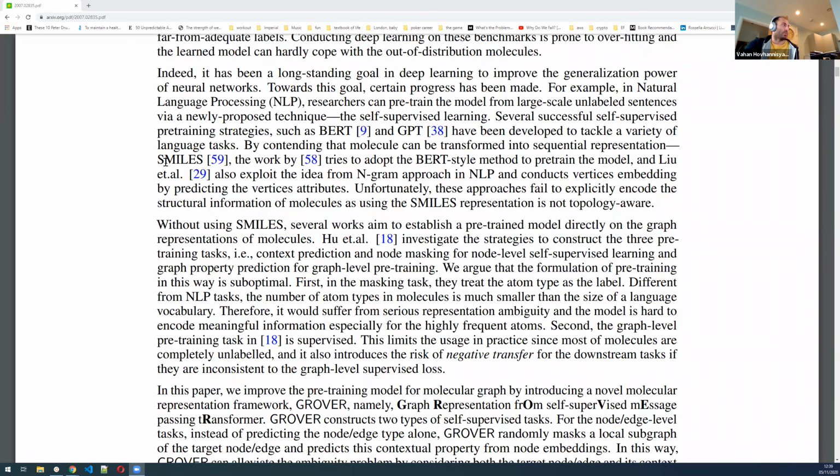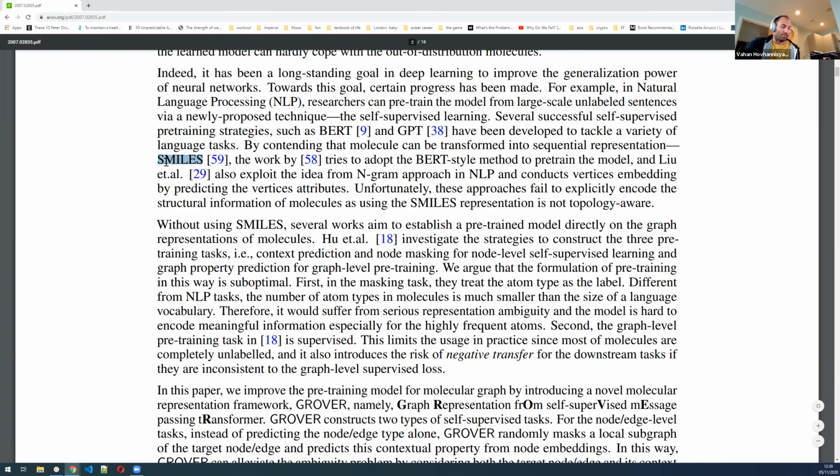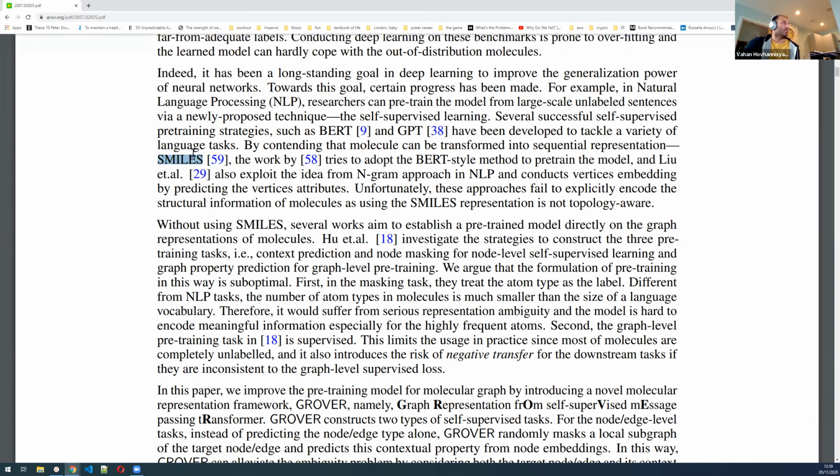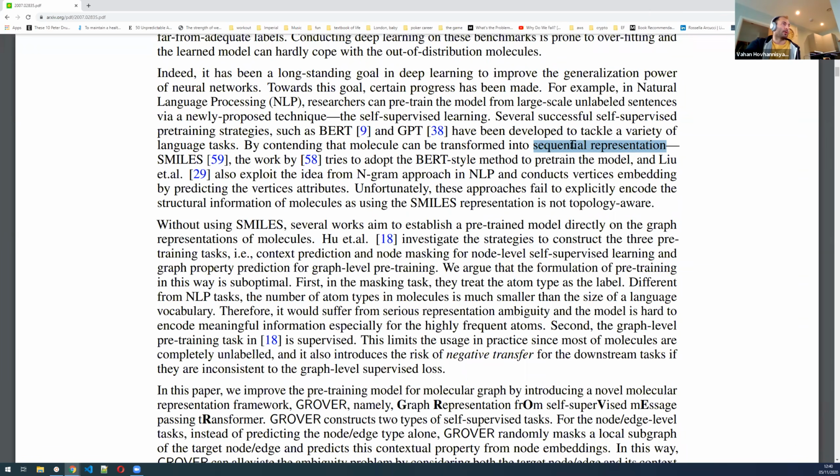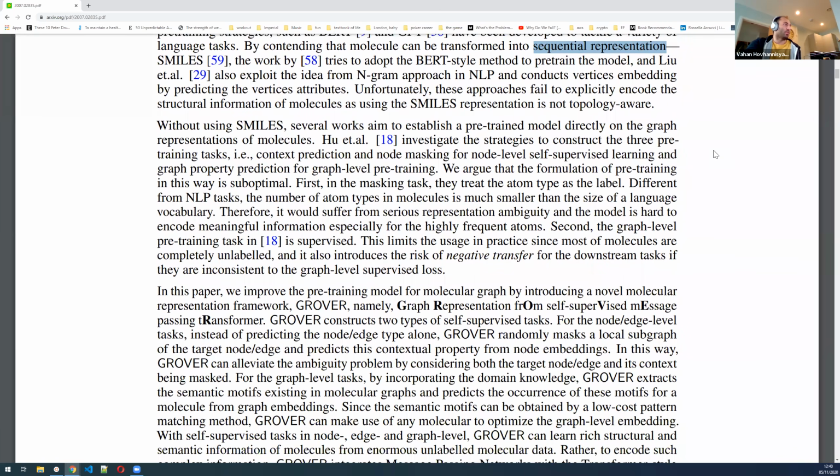They also mention another work called SMILES, which is also a pre-trained model, but SMILES is a sequential representation. They basically represent the molecule graph as a sequence and use, I think, an RNN to pre-train it. There were other works to pre-train graph representations for molecules.